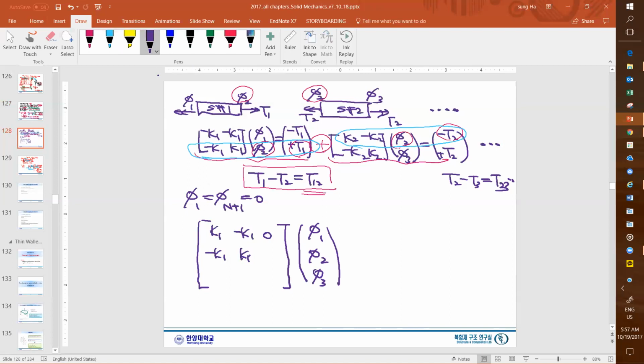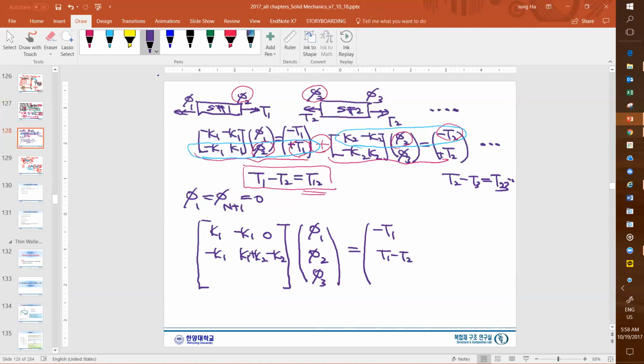Okay, so here, if we add it, there will be K1 and there will be a K2 here. So there will be plus K2 and there will be minus K2. And then on the right-hand side, there will be a minus T1, but importantly, the second equation will be T1 minus T2, right?